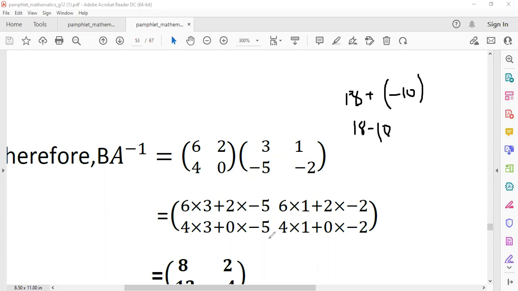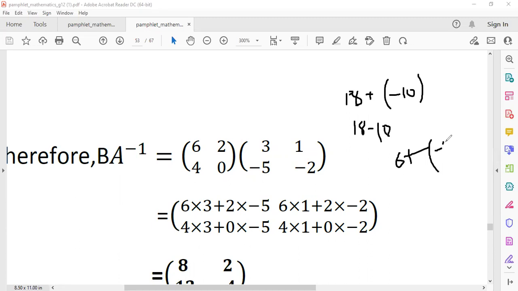Then down here, let's take this down. Okay, let's do this guy. So 6 by 1 is a 6. 2 by negative 2, that's negative 4. That means again it's 6 plus negative 4. So positive, negative, that's a negative.